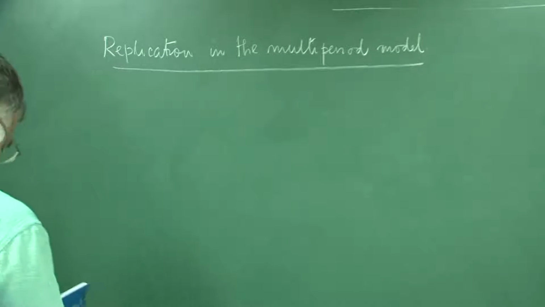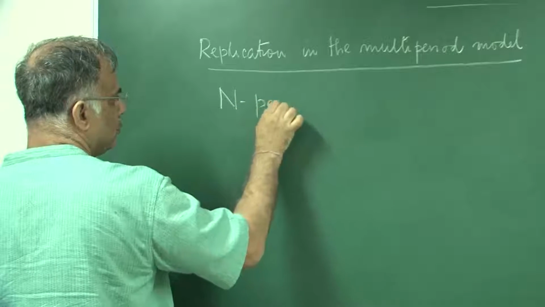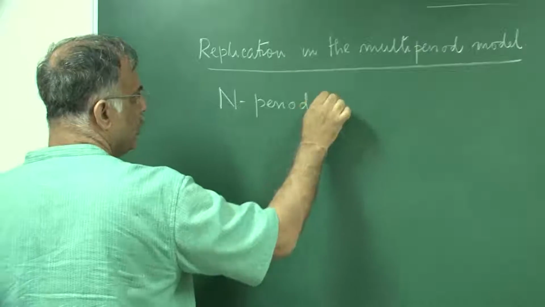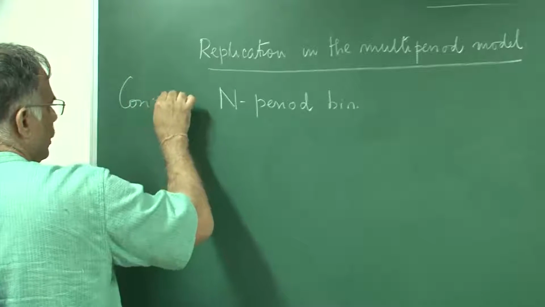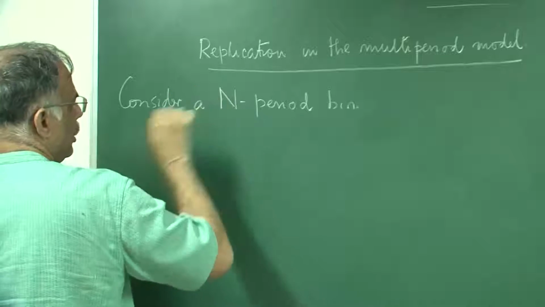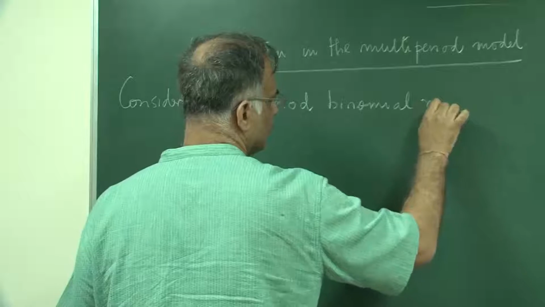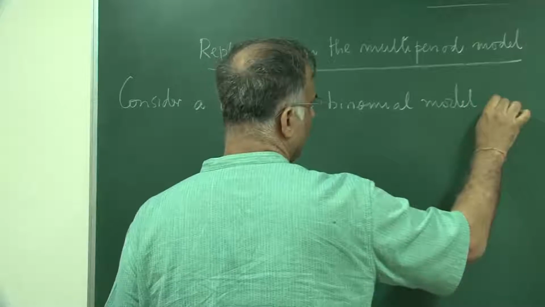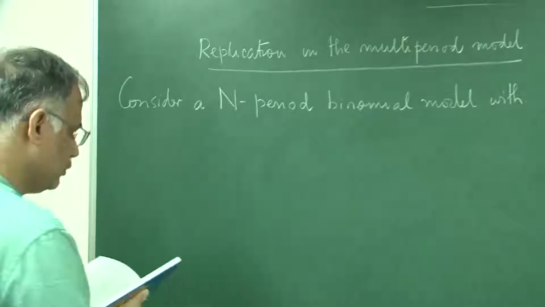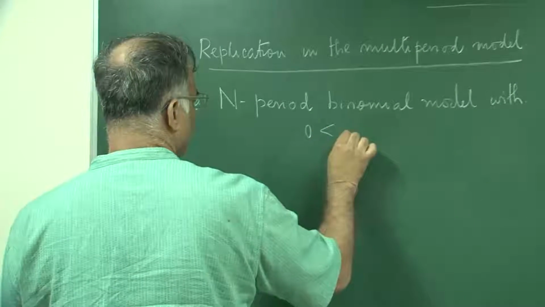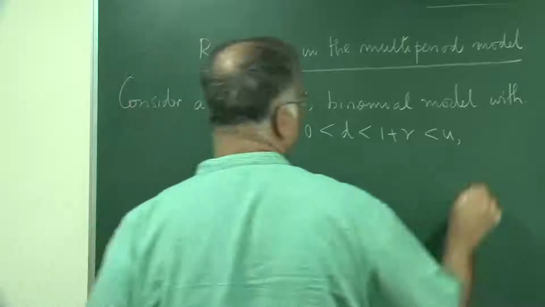Replication in the multi-period model. So, we consider an n period binomial model with 0 less than d less than 1 plus r strictly less than u, which is the no arbitrage condition.